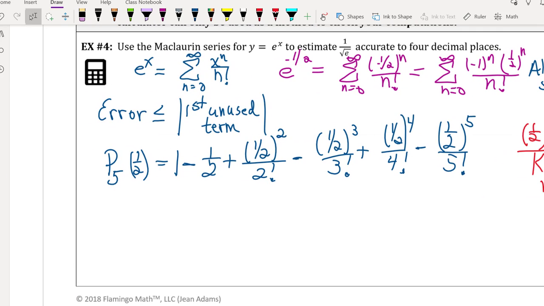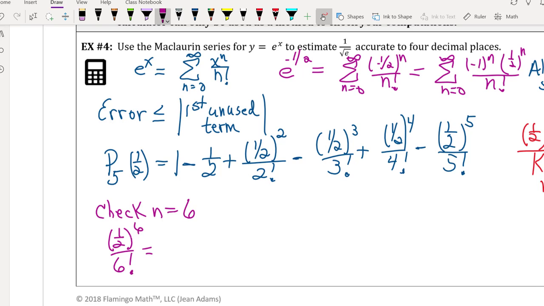So what I want to do then is double check what the 6th one would be, in case I have to write another one. Let me see what my sixth coefficient would be. So it would be 1/2 to the 6 over 6 factorial.